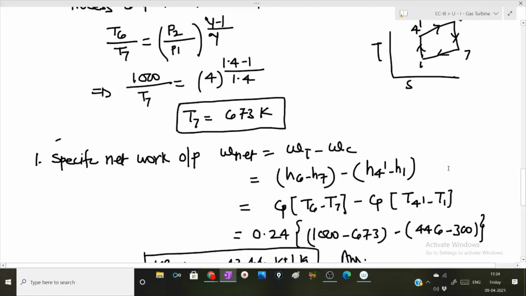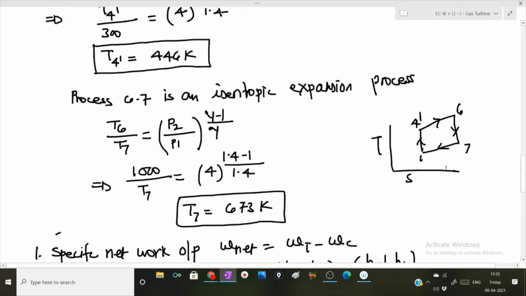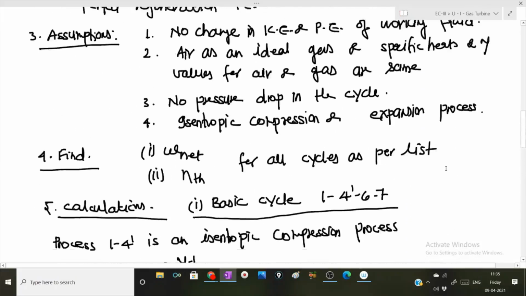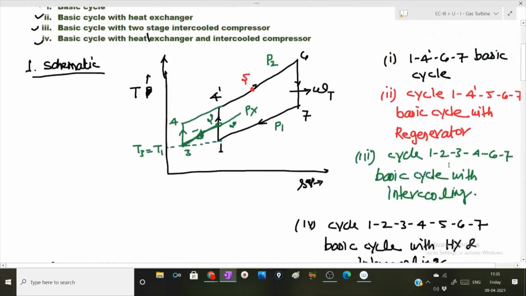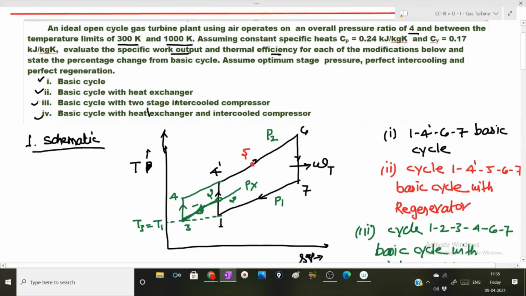Now these two performance parameters will be the basis for calculating percentage change in specific work output and thermal efficiency if different modifications are carried out as stated in the problem. Now let us consider the second part, basic cycle with heat exchanger. Now I will be considering cycle 1, 4 dash, 5, 6 and 7.